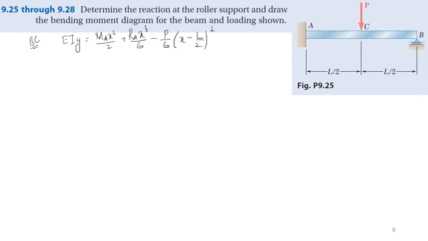Now, if you remember from the static equilibrium condition from the free body diagram, we found that RA was equal to P minus RB, and MA we calculated in terms of RB was equal to RB L minus PL by 2.